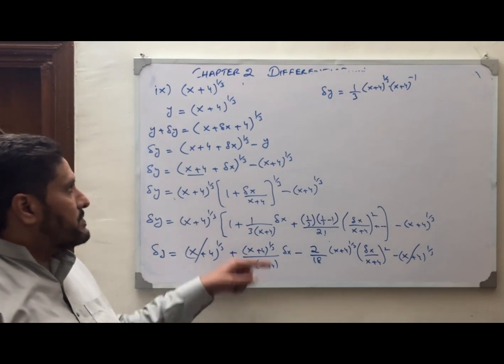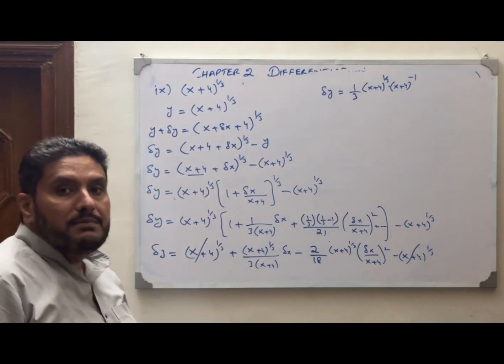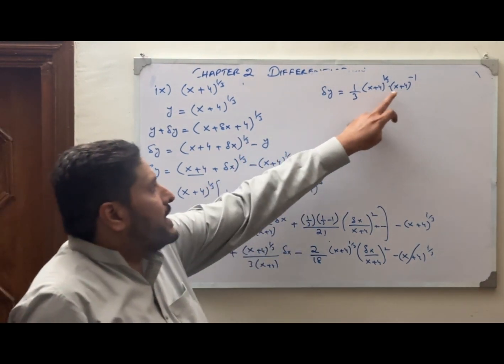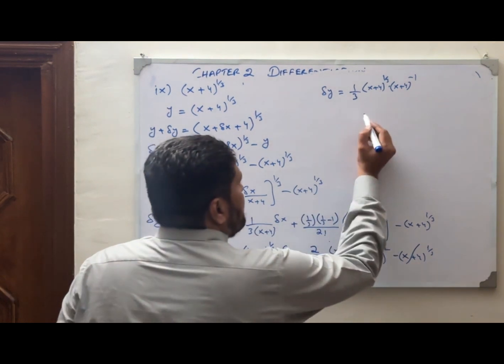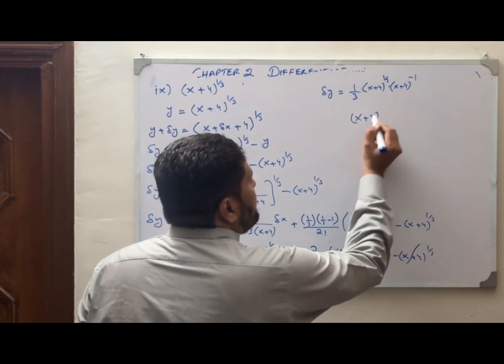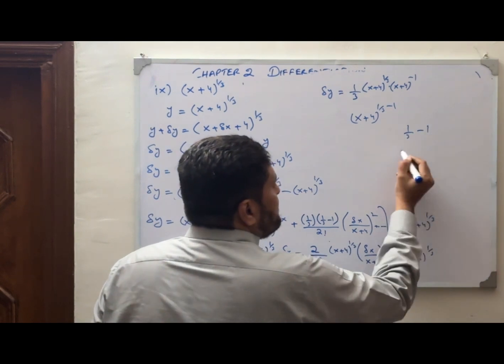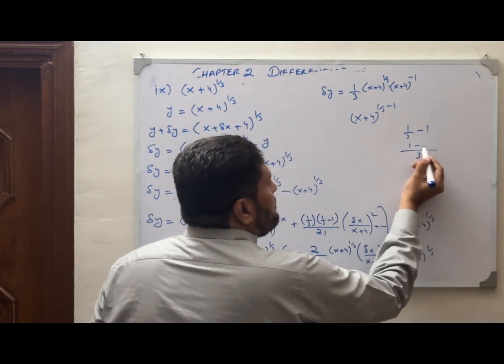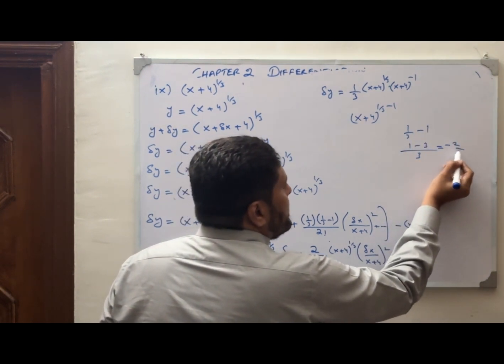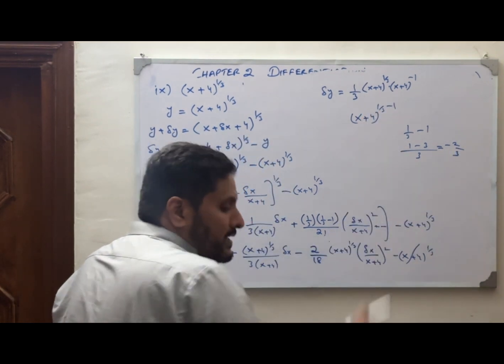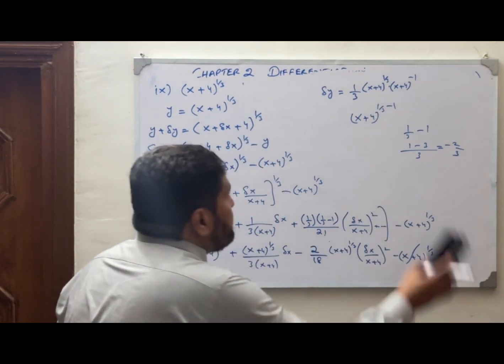When we take this x plus 4 in the numerator, its power will become minus 1, and if we add these two, this will become (x plus 4) power 1 by 3 minus 1, and if we take the LCM of 1 by 3 minus 1, again this will become 1 minus 3, that is equal to minus 2 by 3. So I am directly writing over here minus 2 by 3.